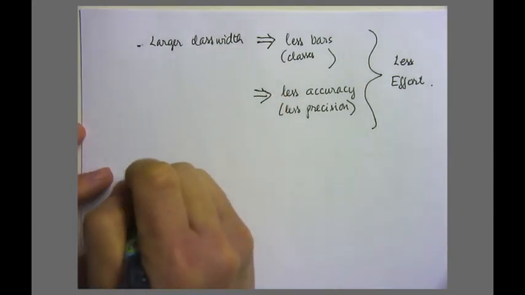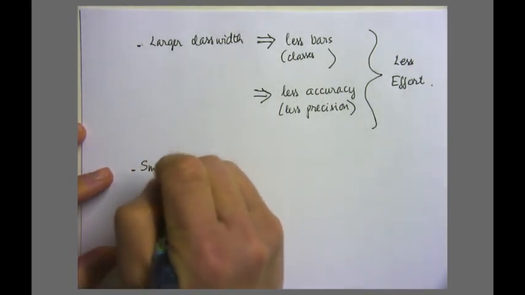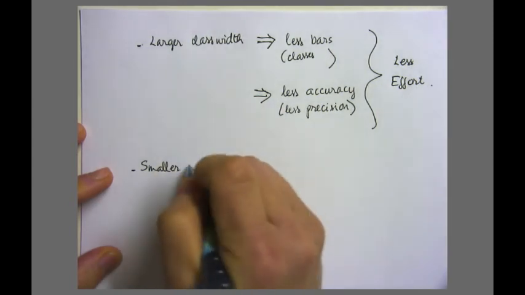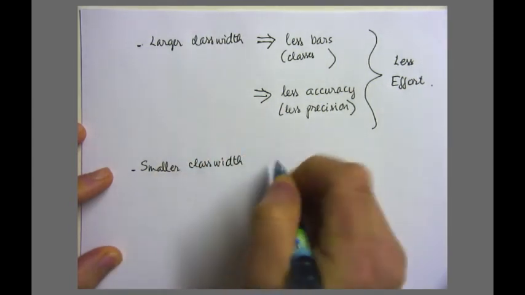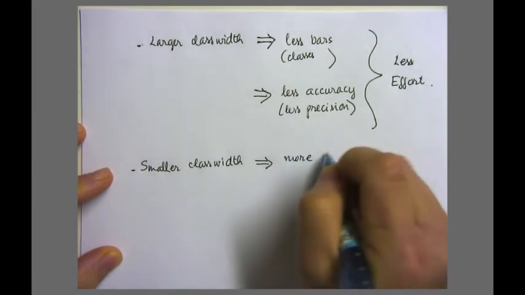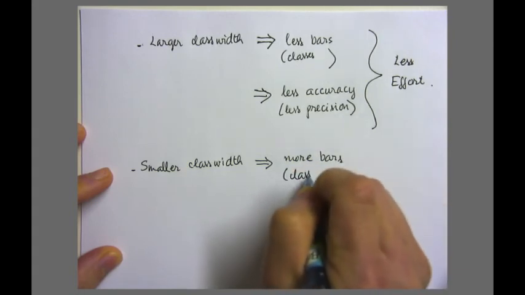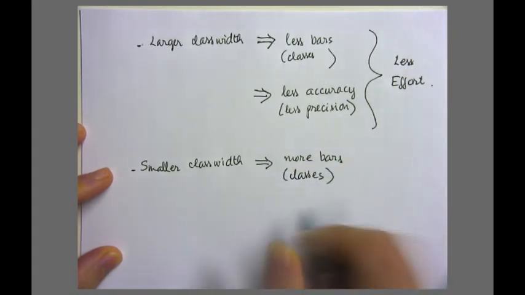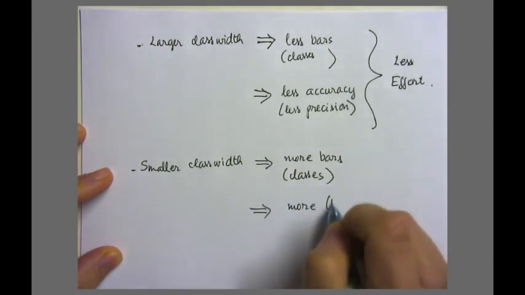Now, if you decide to construct your histogram with a smaller class width, then we're going to have more bars, or more columns, or more classes, and that also means we have better accuracy.